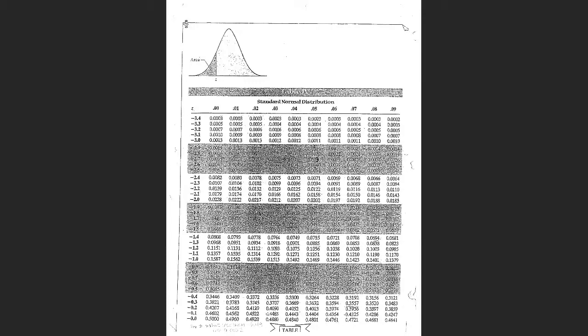If you scroll down, it goes to negative 0.0. Notice it only takes the z-score out to the tenths place. Most of the time, we will be looking at z-scores that go out to the hundredths place. So what they do here is give you the number that goes in the hundredths place across the top. And this table gives you the area.